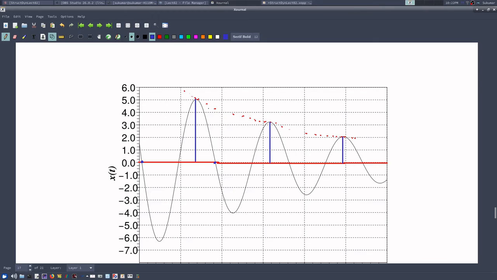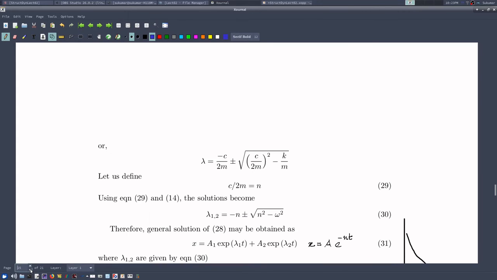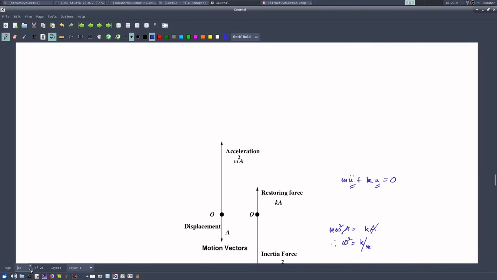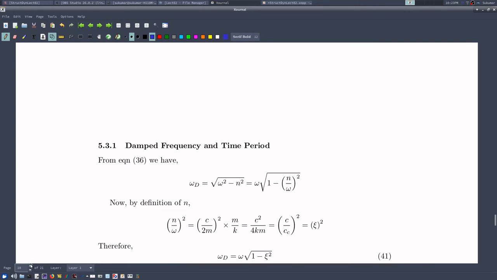Now since this peak is touched by this exponentially decaying envelope, what was my equation of this envelope? It is e to the power minus nt, right? And we have already seen that it is related to xi into omega. I know that n is xi into omega, right?